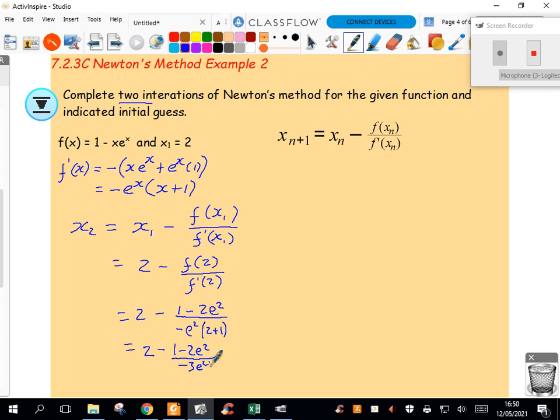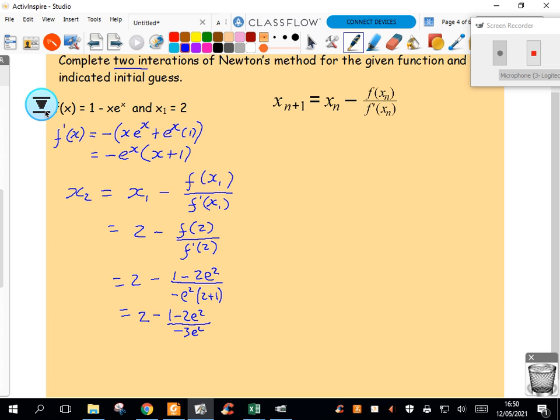Okay, and I could write that as a single fraction. Watch out for this negative sign in the middle. If I write this as a fraction with negative 3e squared on the bottom, 2 becomes negative 6e squared divided by negative 3e squared.